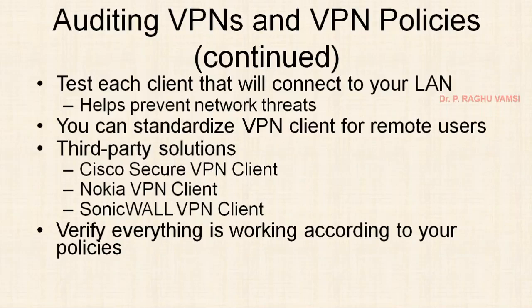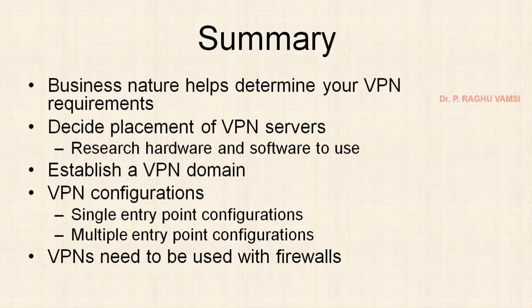Test each client that will connect to the LAN, so that we can detect threats early. You can standardize the VPN client for remote users. Examples of third-party solutions are like this; all of these are proprietary ones. Verify whether everything is working according to your policies or not.